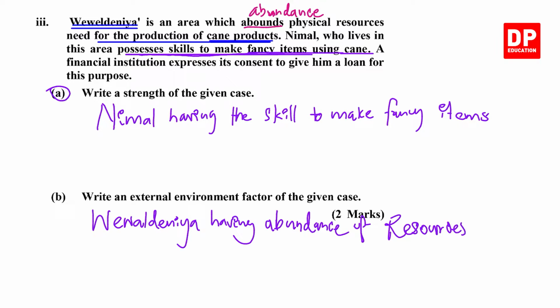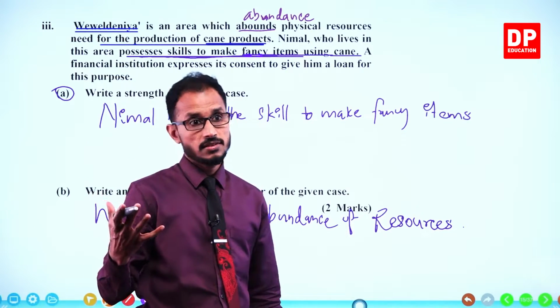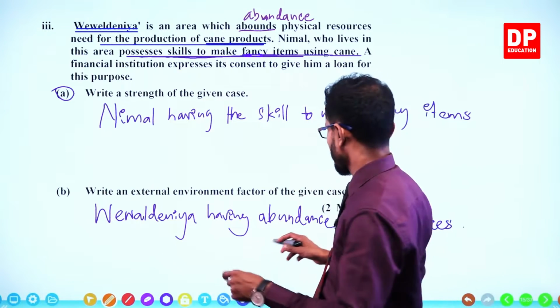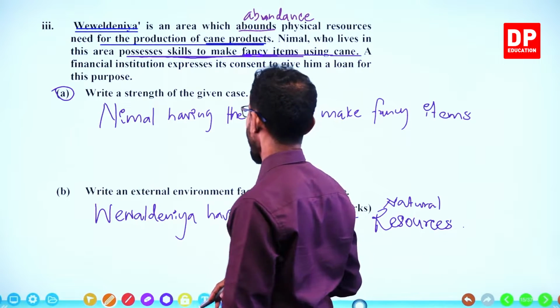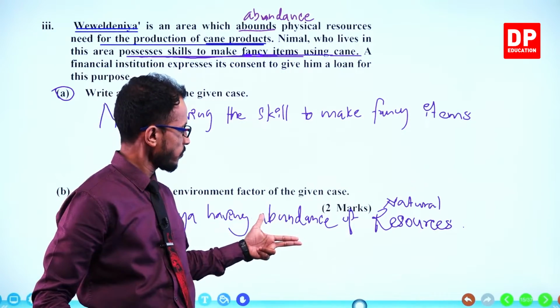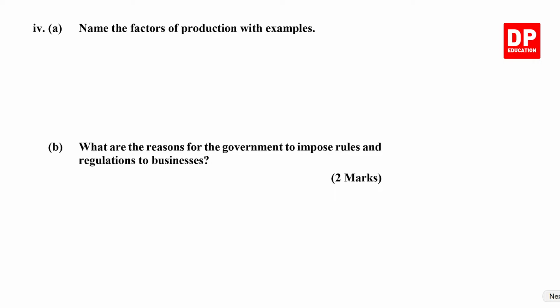This is the main item, main thing here, resources. Of course, that is a very good external positive plus factor. The natural resources. Got it? You can see it, right? Abundance of natural resources. That's it. Next question.